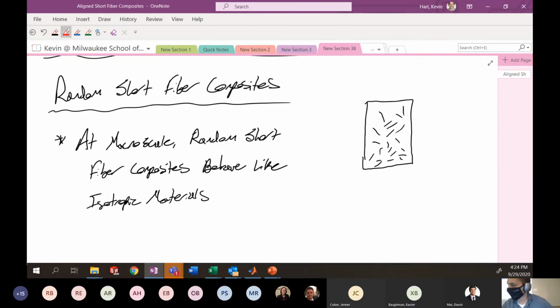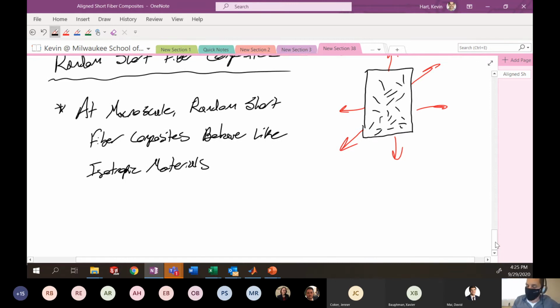Whether I load this guy this way, or into and out of the page, or this way, or anywhere, it's going to behave the same in all directions. Because of that, the models should reflect that.